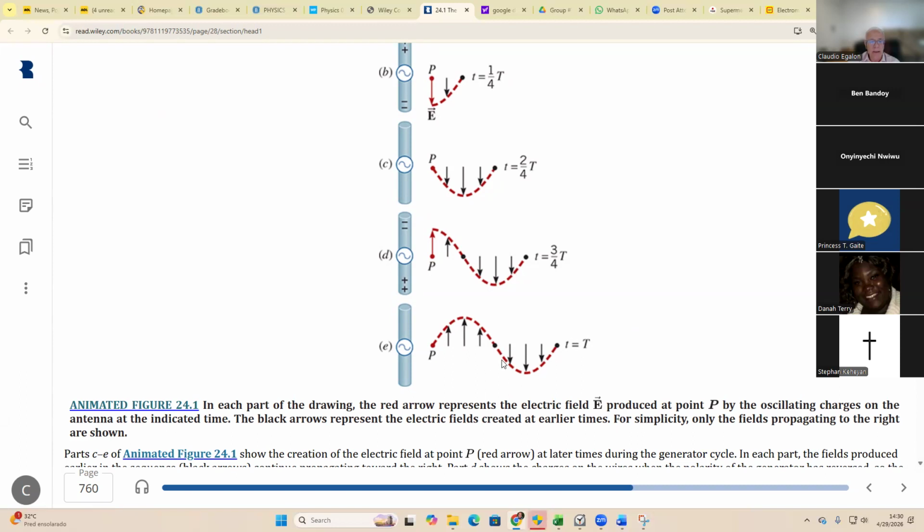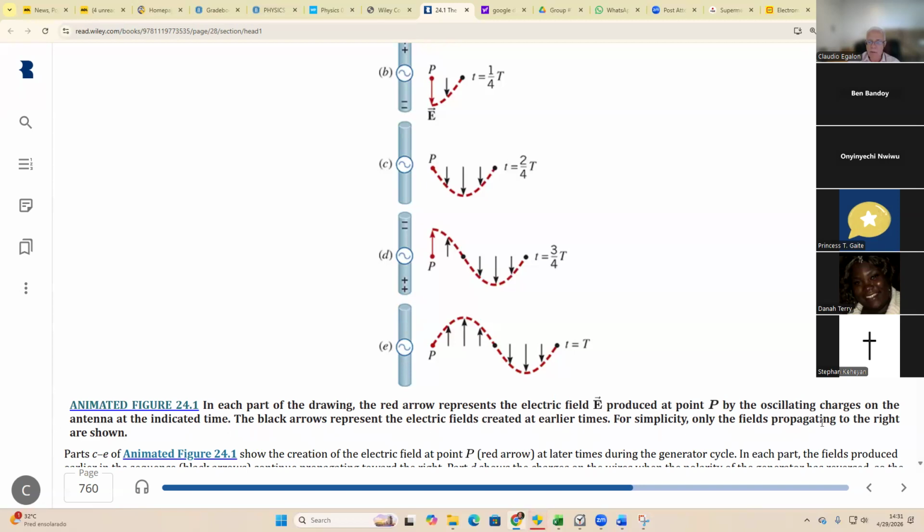Okay, that's a very good illustration. What you see right in here is an electric dipole. And here is the electric field. Okay, he's not drawing the magnetic field. In each part of the drawing, the red arrow, that's the red arrow that he's referring to, represents the electric field produced at the point P by the oscillating charges on the antenna at the indicated time. The black arrows represent the electric fields created at earlier times.